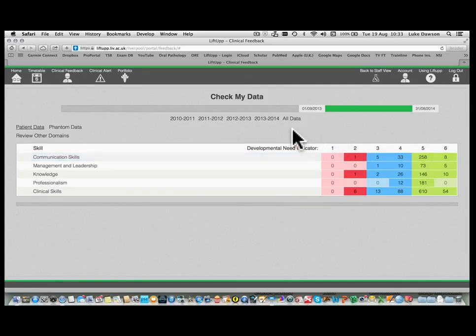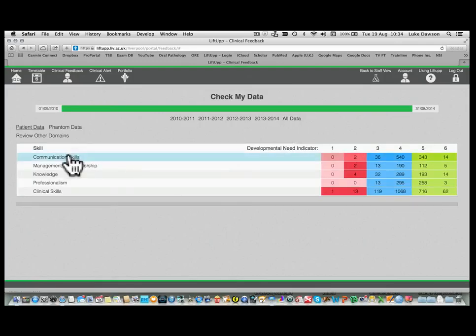So let's have a look at a little bit more detail. Let's just click all data for ease, and look at communication skills.